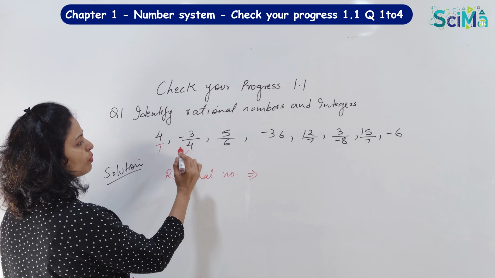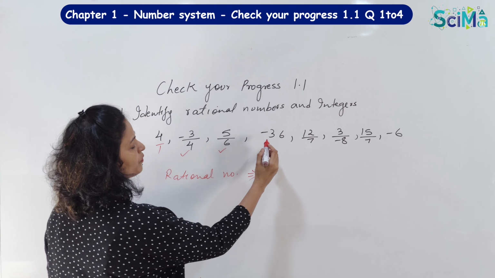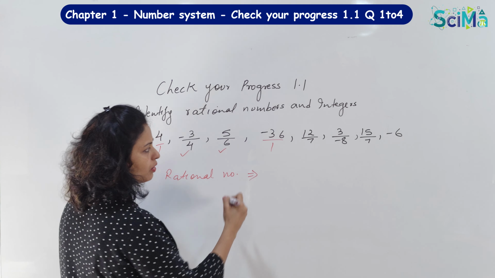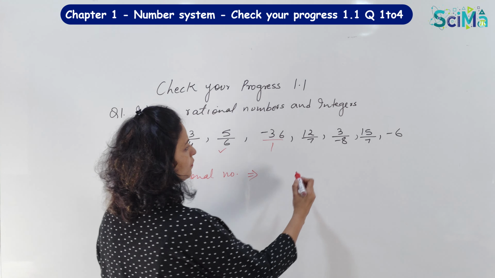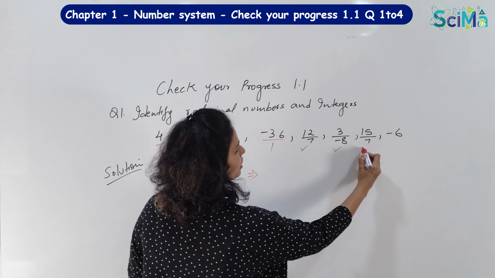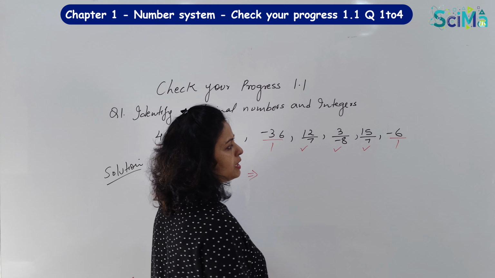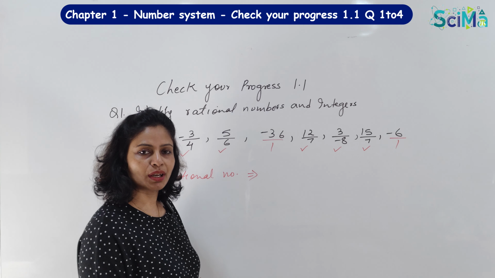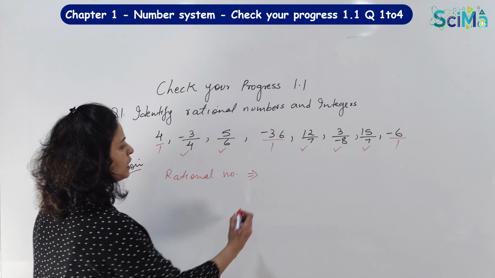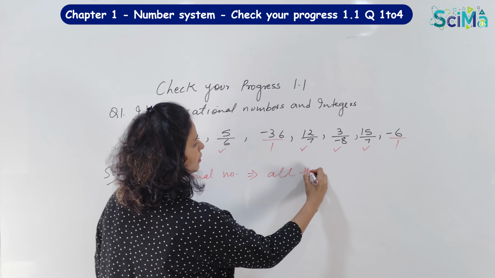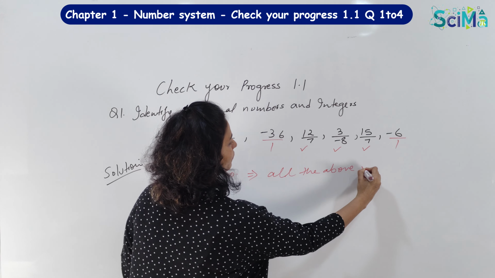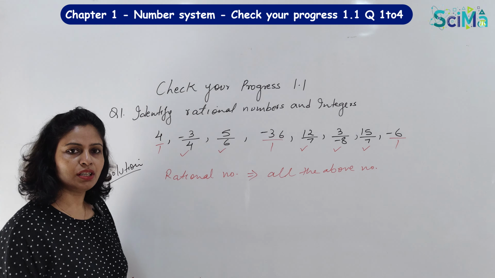This is already in the form of p by q. Minus 3 by 4, this also can be written as p by q. Minus 6 also can be written as minus 6 by 1 in the form of p by q, right? So all the above numbers are rational numbers.